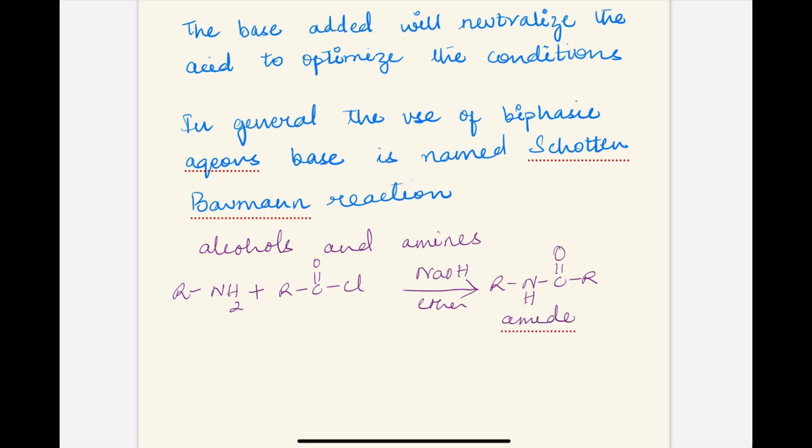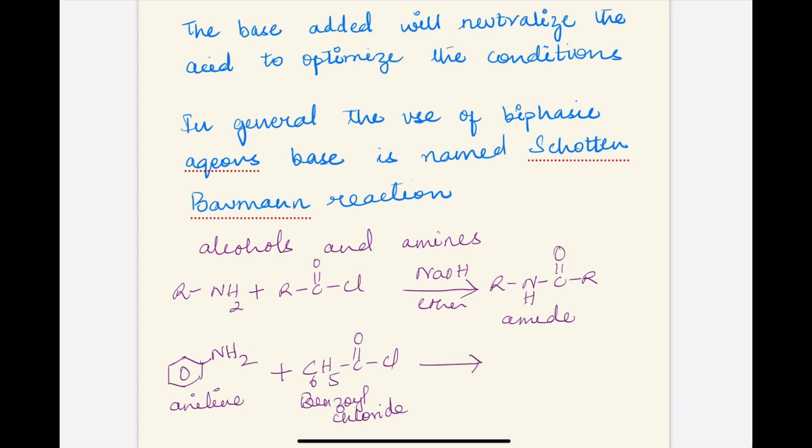So in place of the amine, if we take aniline, this is aniline, and we react it with benzoyl chloride in place of the acid chloride. This is benzoyl chloride. So what we are going to get is the amide, NH C double bond O and C6H5.